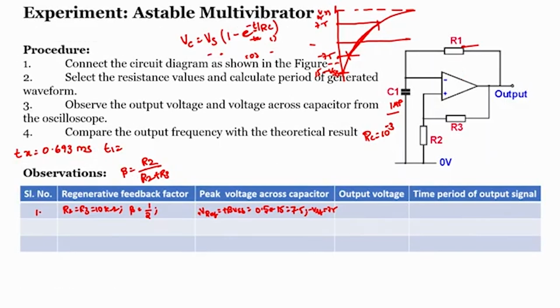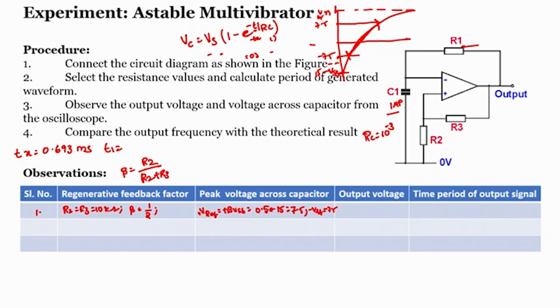Now, I need to know the time duration from minus 7.5 to plus 7.5 volts. So, how do we calculate? We cannot directly put it, it is not a linear circuit at all. The capacitor charging rate is non-linear, we can see e power minus t by RC. Because of that, first we have to know what is the time required.